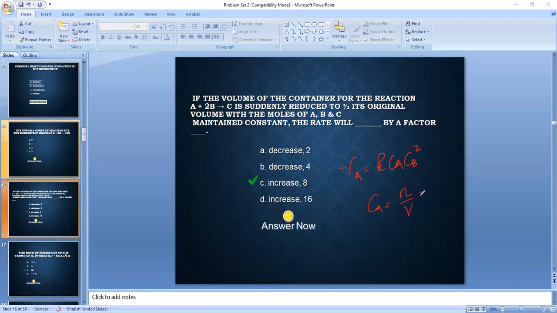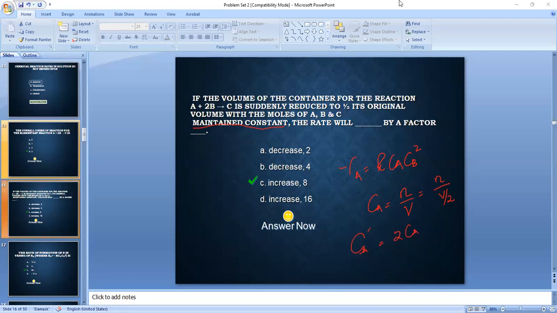The moles are kept constant, as stated there, and the volume here will be V over 2. So your new concentration, C prime, will be twice the initial concentration.